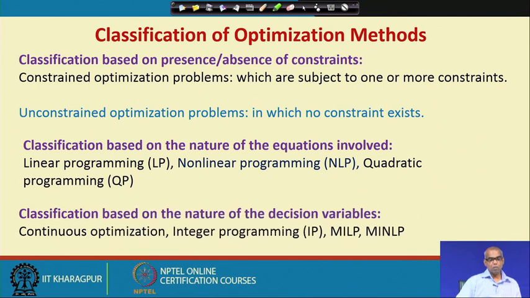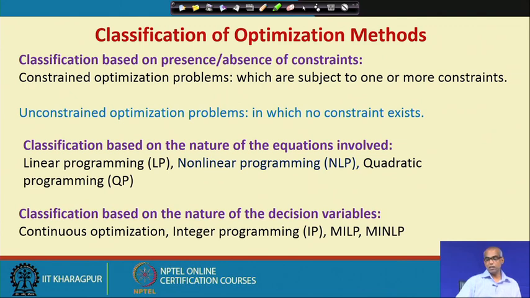The classification of optimization problems may also be based on the nature of the decision variables. In continuous optimization problems, the decision variables can take on continuous real values. In an integer programming problem, the decision variables will take on only integer values. In a mixed integer linear programming problem, you have a linear programming problem where the decision variables can take integer values as well as real values.